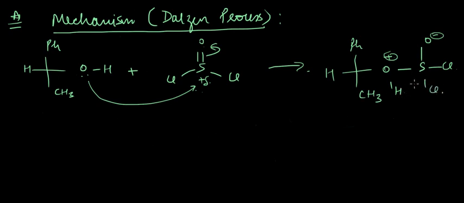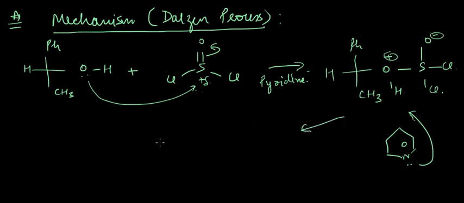Okay, so now we actually did this in presence of pyridine. So now we have this pyridine which is a good base. So this lone pair will attract this hydrogen atom.